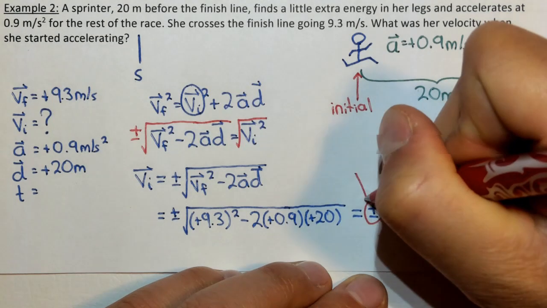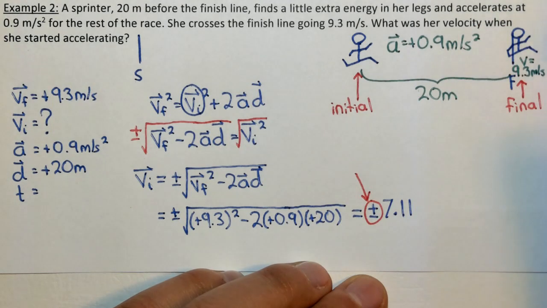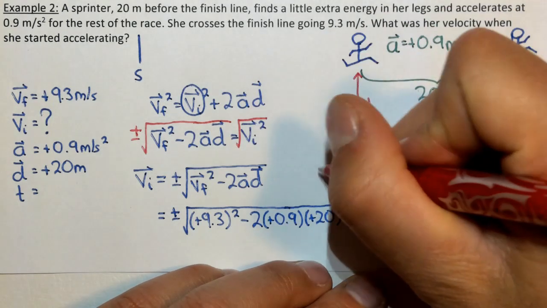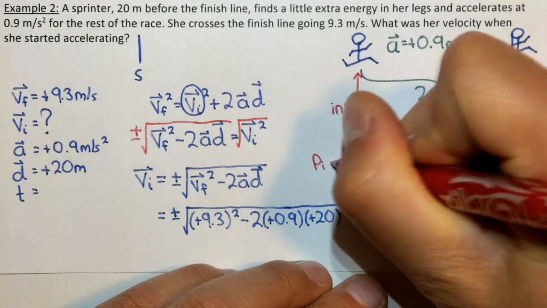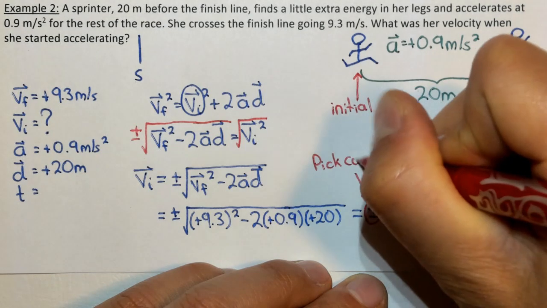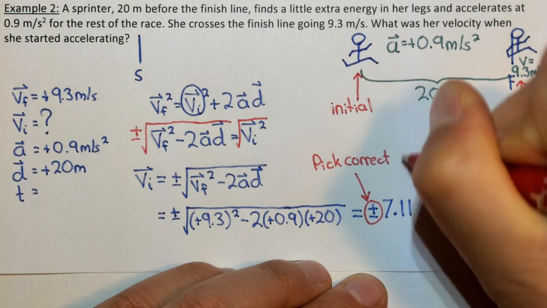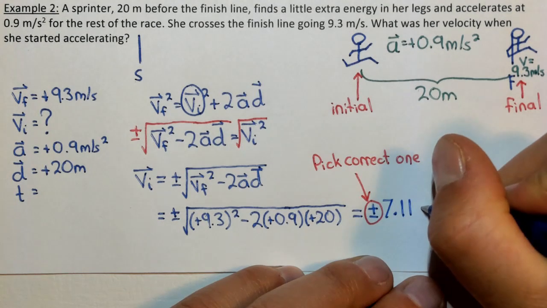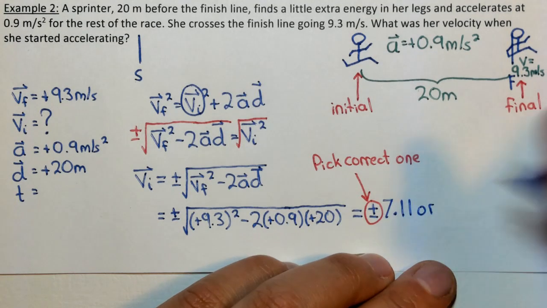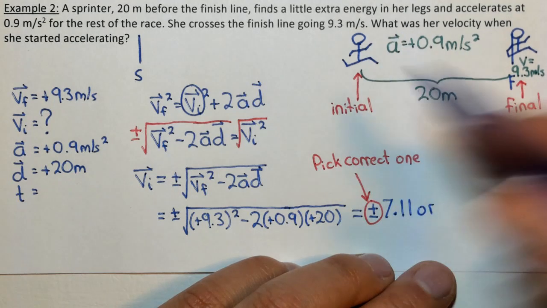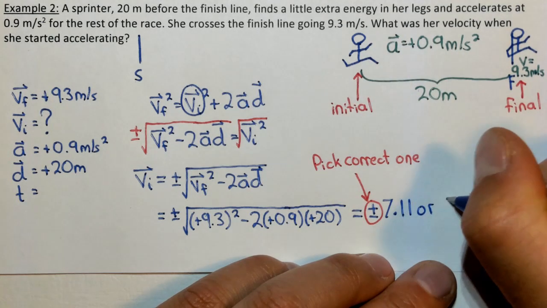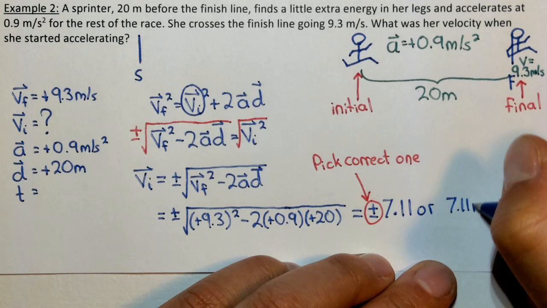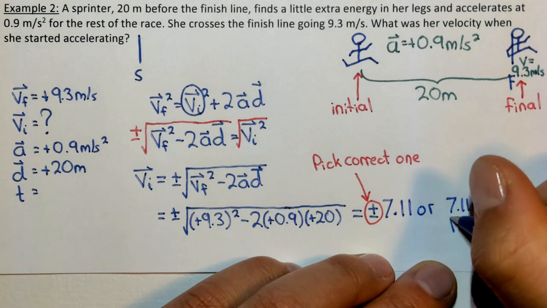So in this situation, our calculator or the math gave us two possible answers. We have to pick the correct one, and we decide that in this case, it's the forward option. So, what was her velocity when she started accelerating? 7.11 meters per second forward.